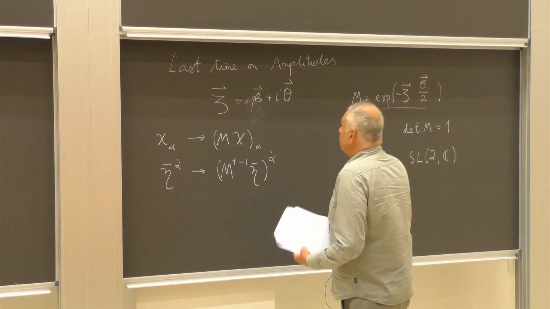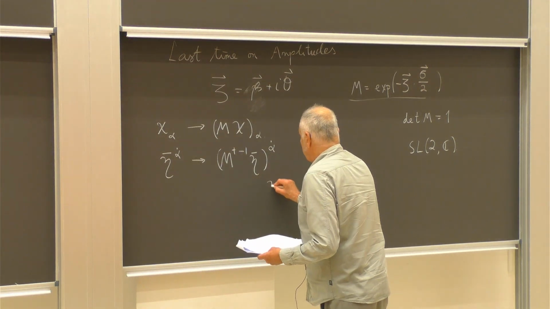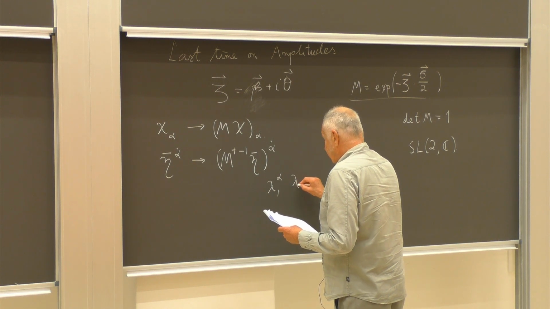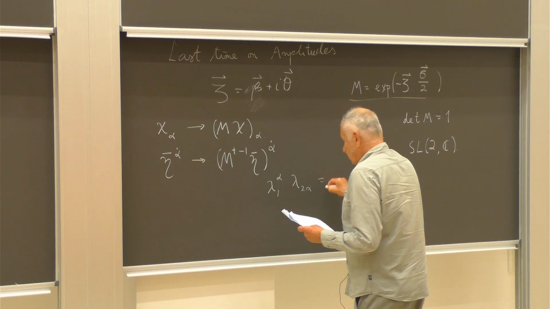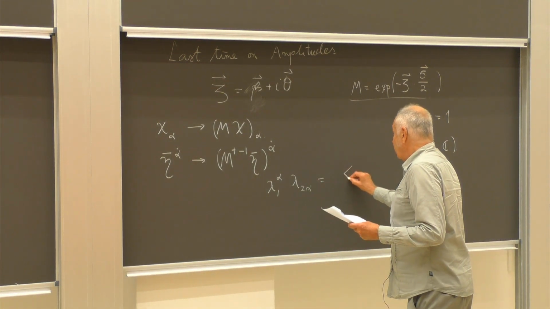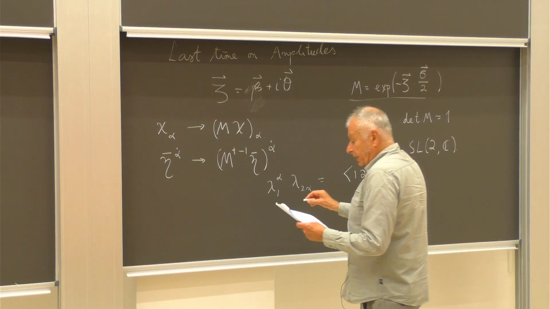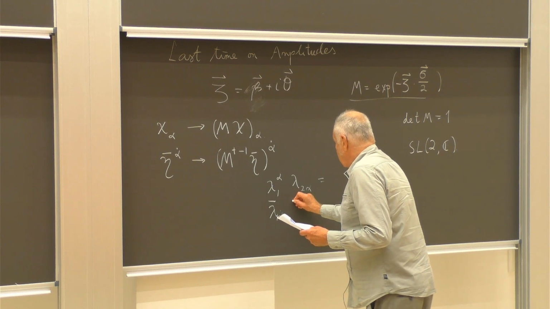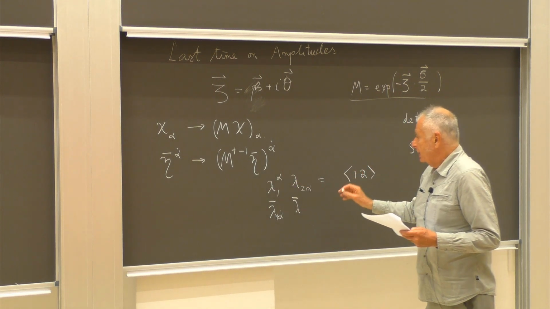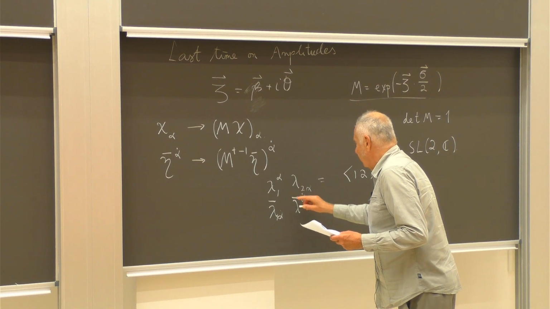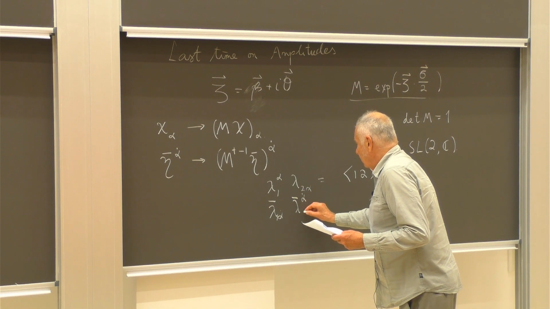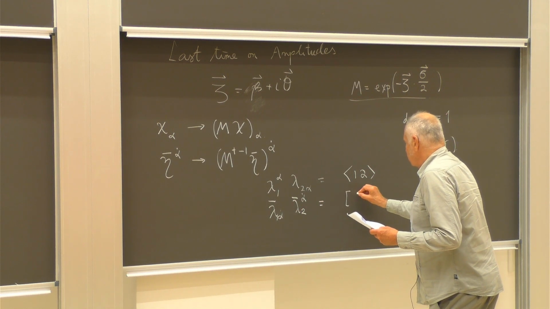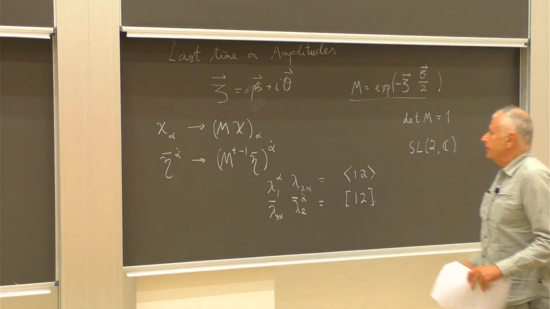For two spinors like that, invariants are constructed by contracting the spinorial indices, and that was denoted by an angle product. For the complex conjugate, for the dotted indices, the convention was that they were contracted top to bottom, and that was 1, 2.